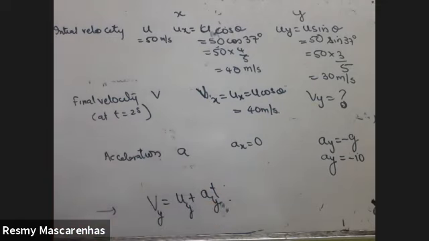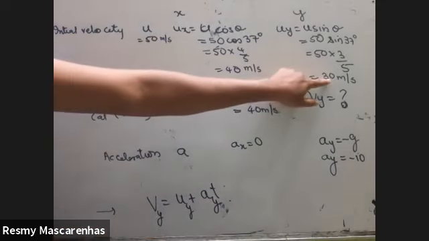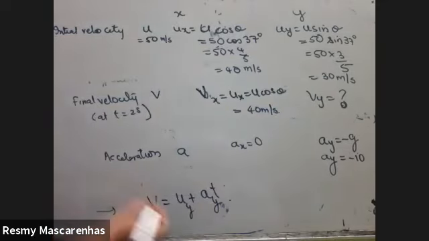And now substitute your values. This is the y component. What is uy? 30. A is minus 10.